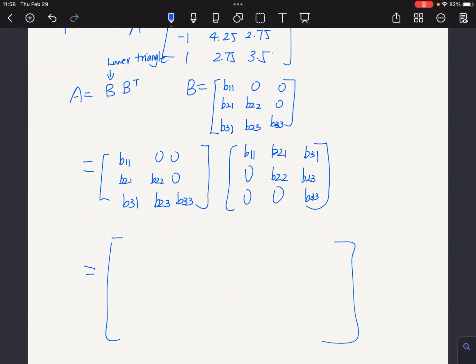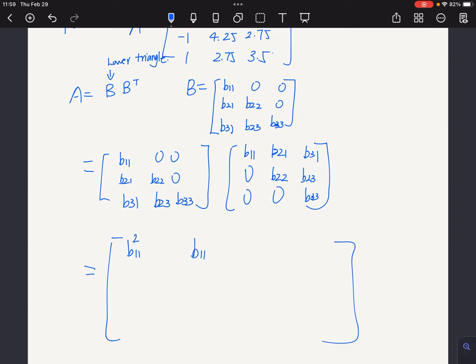The B11 entry is just the first row times the first column. It's just B11 square, right? So B11 square is the first location. What about the first row and the second element? It's just the first row times the second column, and you will see the zeros times zeros drop out. So we just have B11 times B21 remaining in the result.